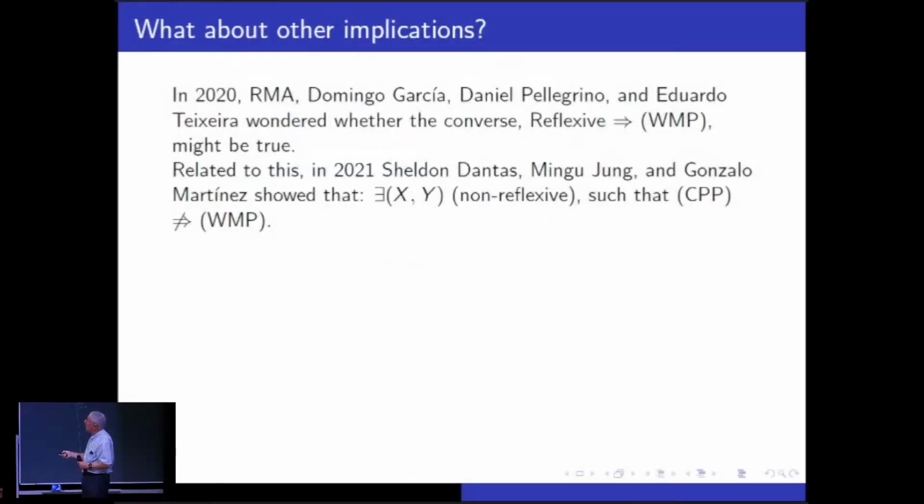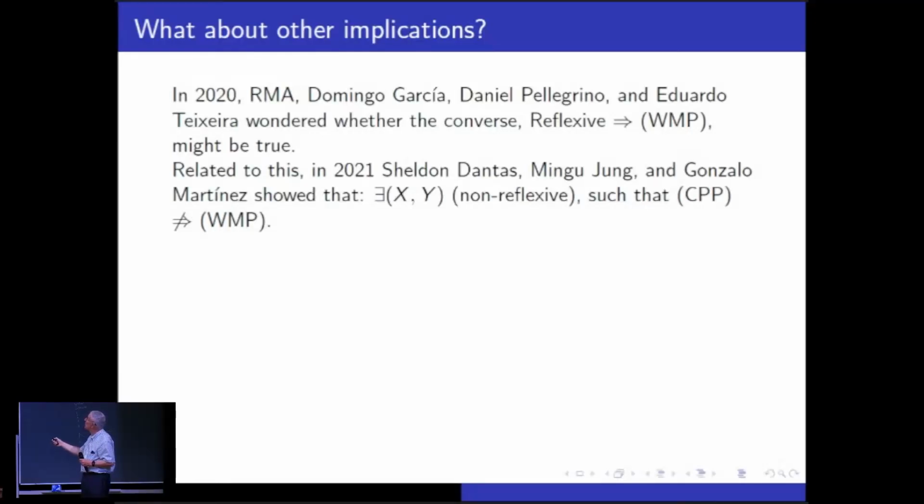Now, here are questions which we wondered about, and there are many questions still around. This is fairly recent material. We wondered about the converse, whether reflexivity implies the weak maximizing property in general.